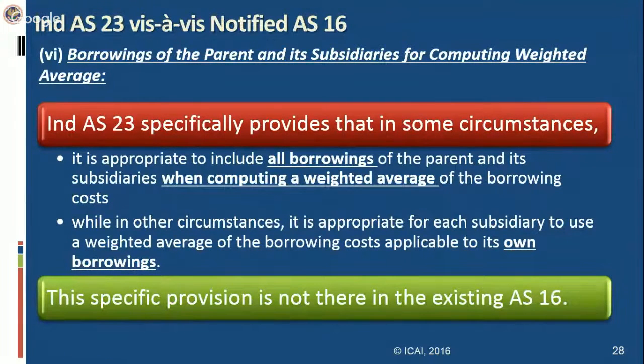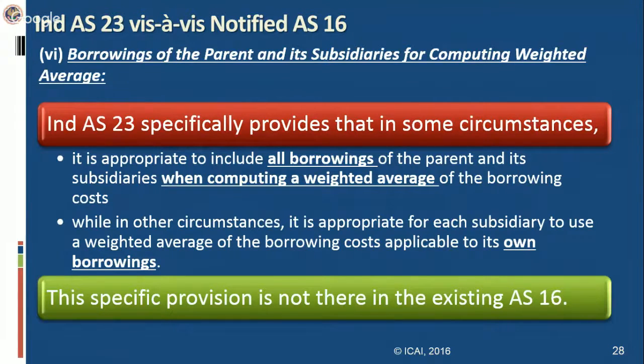Now, what about borrowings of the parent and its subsidiaries for computing the weighted average? Ind AS 23 specifically provides that in some circumstances, not always, it is appropriate to include all borrowings of the parent and its subsidiaries when computing a weighted average of the borrowing cost.